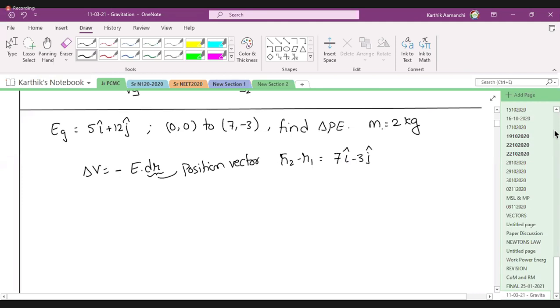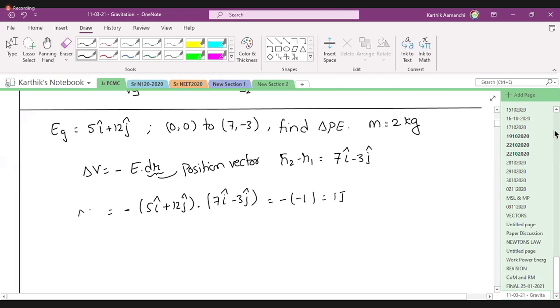So this is a dot product. Gravitational field strength is given as minus 5 I cap plus 12 J cap, dot 7 I cap minus 3 J cap. How much will you get? 35 minus 36, minus 1, so 1 joule.